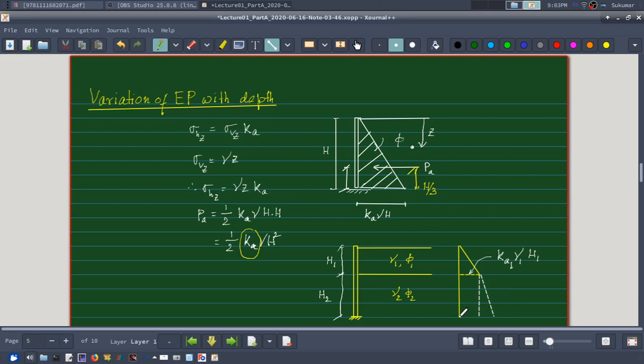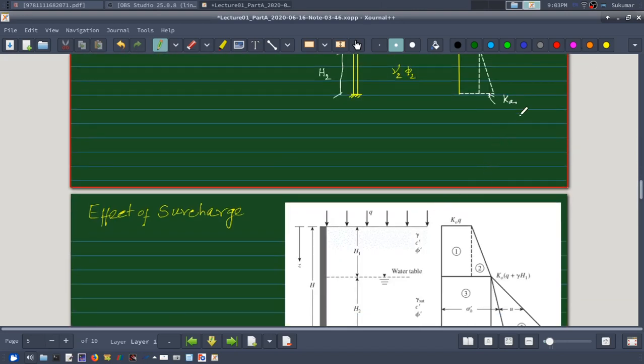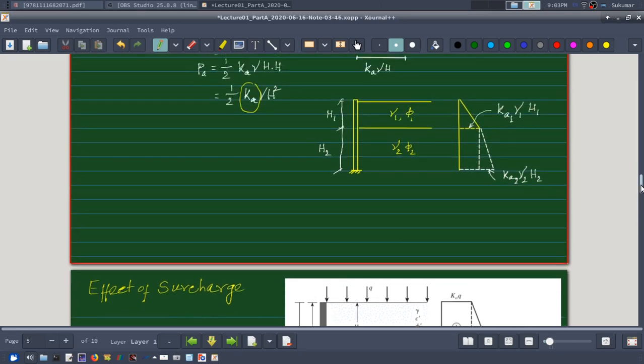Okay, all right. So now this value will remain the same as Ka1 gamma 1 into H1, and this value will be how much? Ka2 into gamma 2 into H2, right? So this will be my variation of earth pressure.